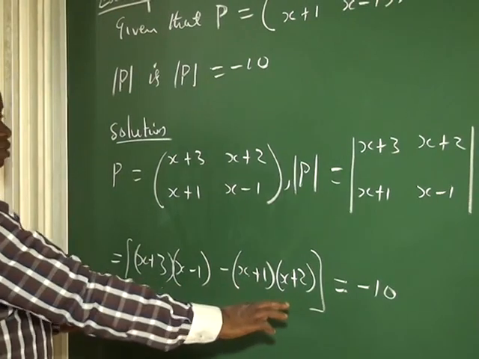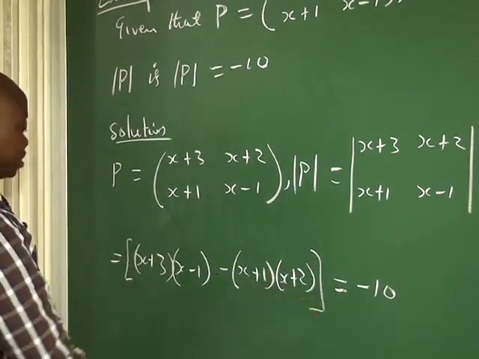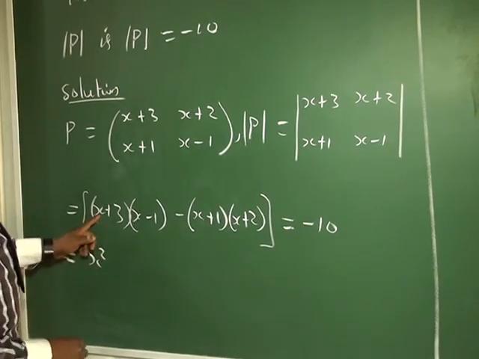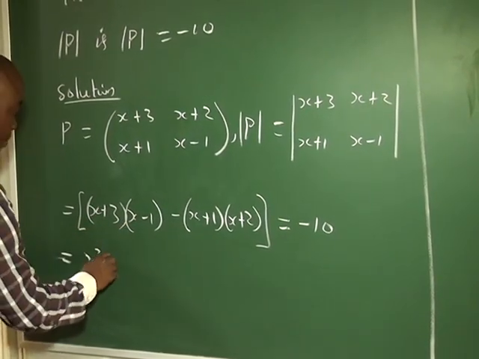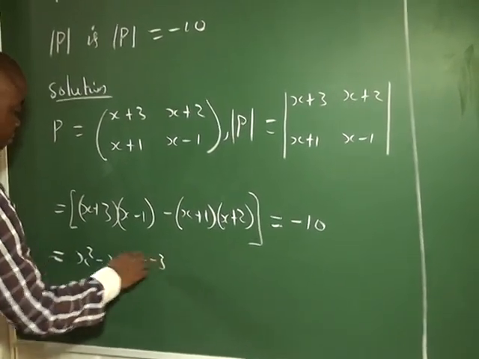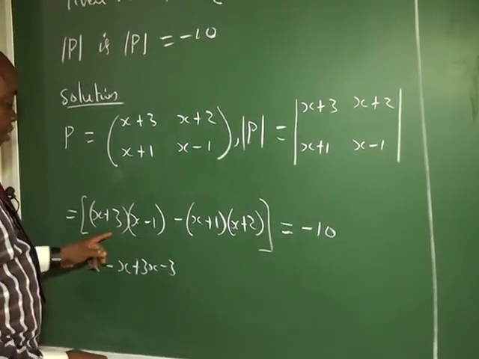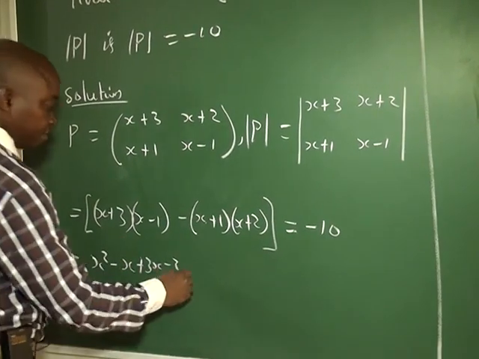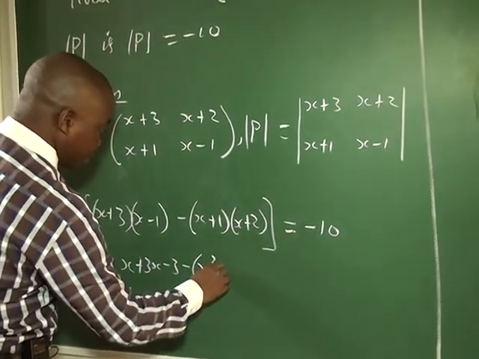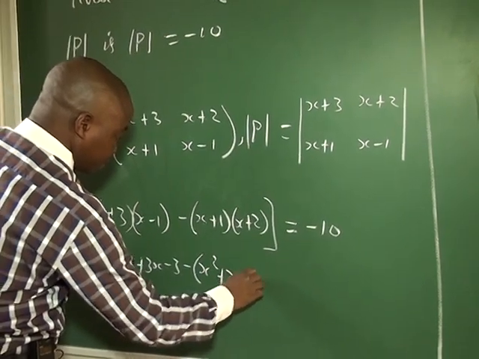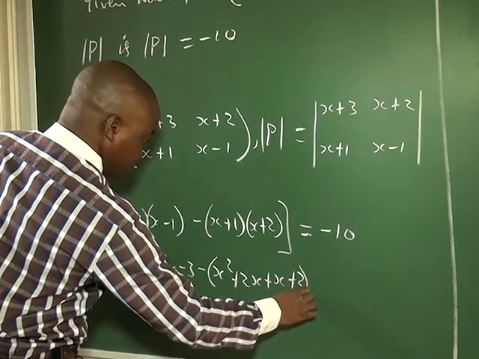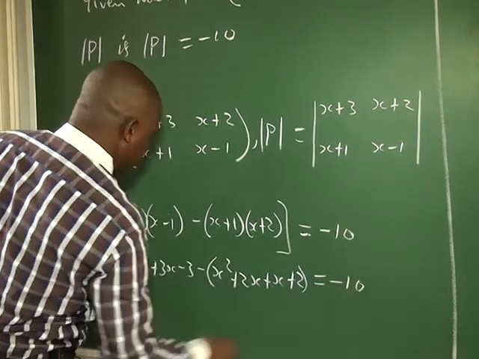Now this is the determinant, so it will be equal to minus 10, which means x squared, that is x times x, minus x plus 3x minus 3, that is opening this bracket, minus this times this, which is x squared plus 2x plus x plus 2, equals minus 10.